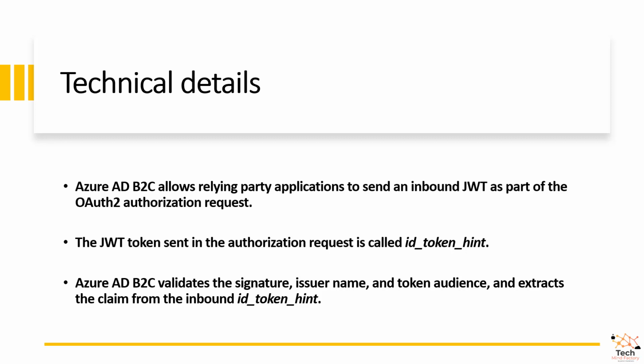Azure AD B2C validates the signature, issuer name, and token audience and extracts the claims from the inbound ID token hint. So that's why if we put any additional claims in the ID token hint and pass it to B2C, B2C is able to extract those claims and then include them in the resulting ID token.